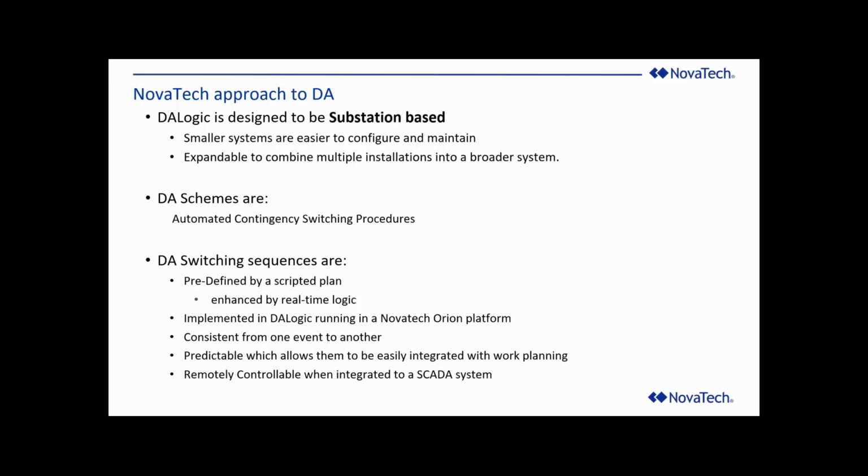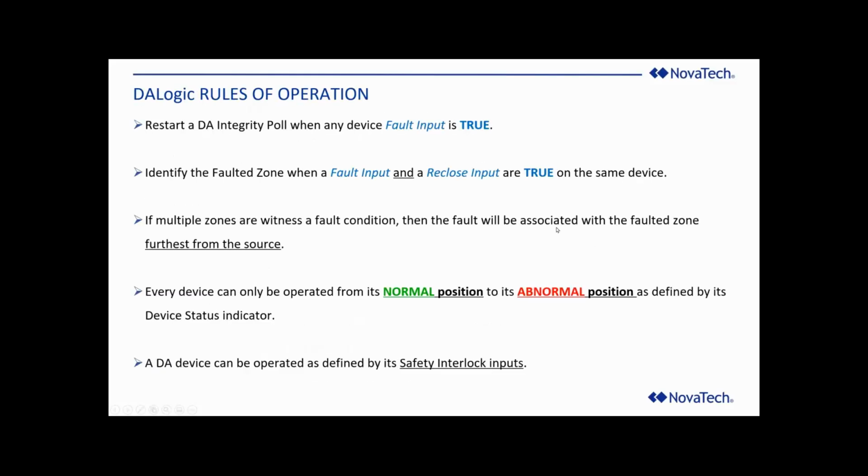It gives control to the dispatcher, it gives control to people in the field, and we have, by design, safety mechanisms that are built into the software so that the DA will operate in a safe environment to protect people in the field. Here are the rules for what DA actually does, okay?